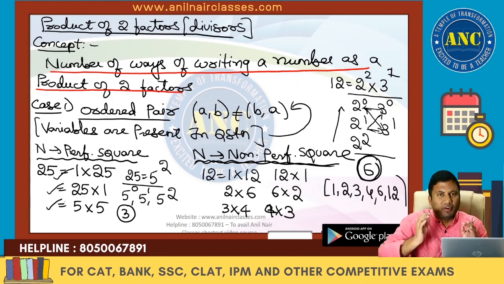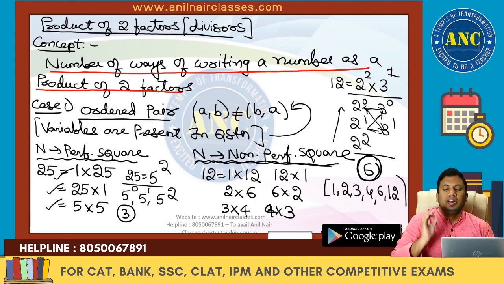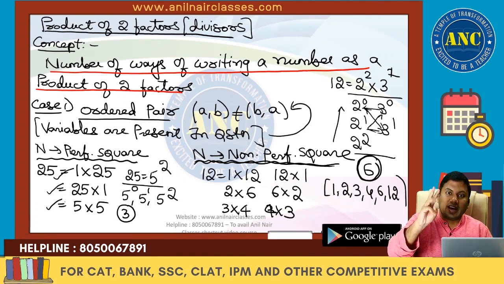That means if you observe in this question, in ordered pair, even if I took a perfect square or a non-perfect square, the number of ways of writing a number as a product of two factors is always equivalent to the number of factors. For 25, the number of factors is 3: 5 power 0, 5 power 1, 5 power 2, and I got exactly 3 ways.